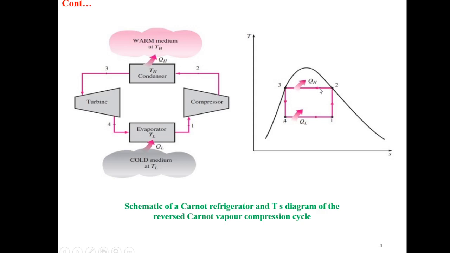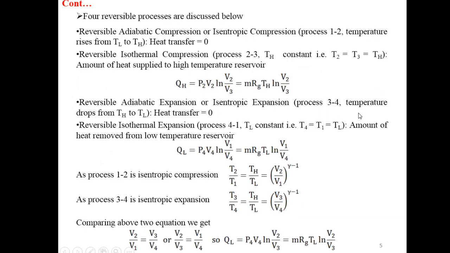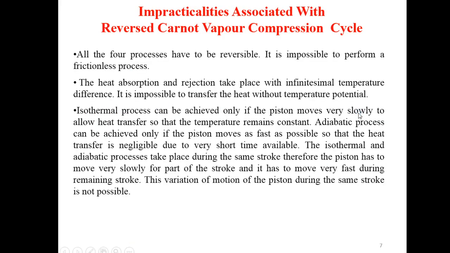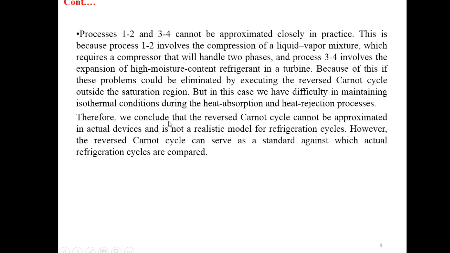So this 2-3 process will not be an isothermal process if you move this point 1 towards the right. So this is the problem with reverse Carnot cycle. Therefore, we conclude that reverse Carnot cycle cannot be approximated in actual practice and is not a realistic model for refrigeration cycles. However, the reverse Carnot cycle can serve as a standard against which the actual refrigeration cycles are compared.